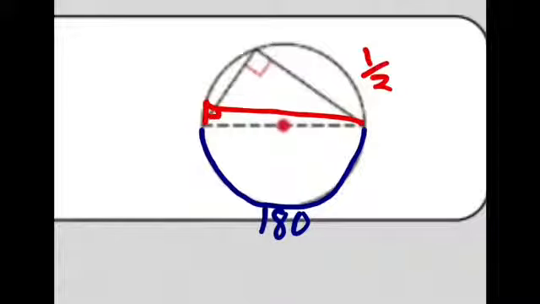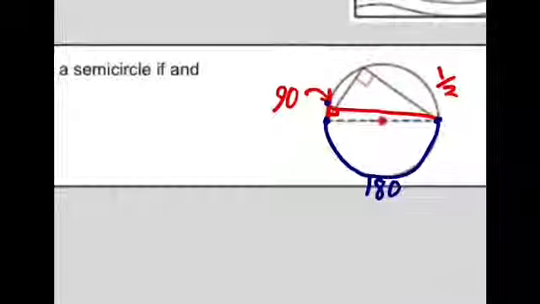Still 90. It doesn't matter where that vertex is. If you have an inscribed angle whose endpoints are on the diameter like that, that angle is going to be, guess what, 90 degrees. Okay? So that's what that means.